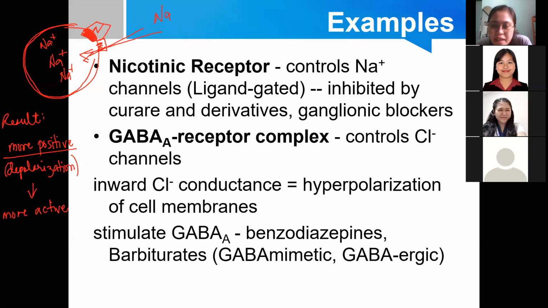Once nicotine binds to the nicotinic receptor, sodium channel opens and sodium will enter the cell. Once si sodium mag-enter sa cell, the inside of the cell will become more positive. We call it depolarization. And then, it will become more active. So, the action is more of a stimulant.